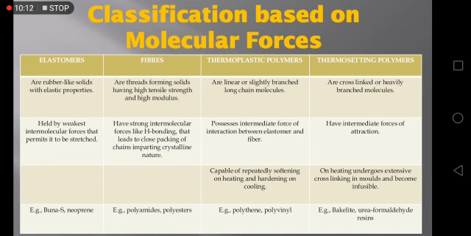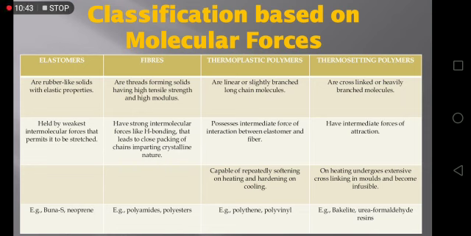Thermoplastic polymers are capable of repeatedly softening on heating and hardening on cooling. That means they can be molded again and again into different shapes. But thermosetting polymers on heating undergo extensive cross linking and you can't mold them again and again. That is, they become infusible, which you cannot soften and mold again.